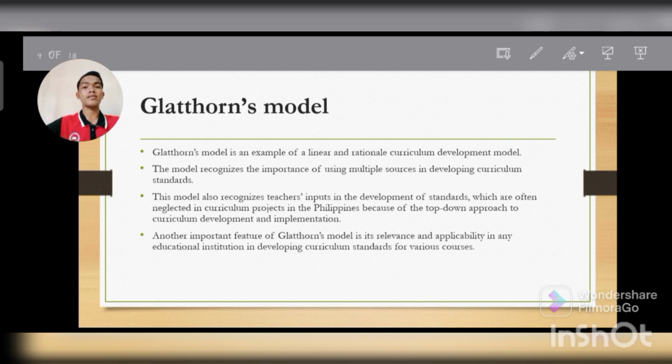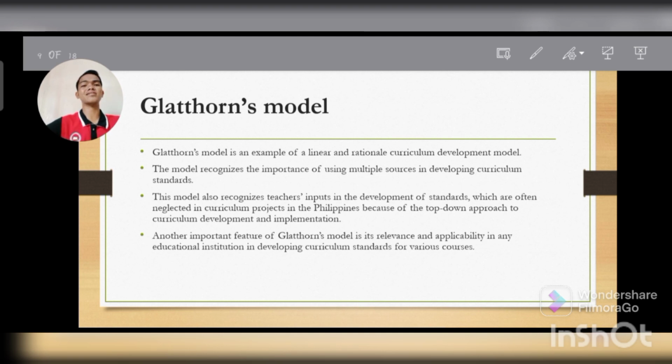So I will share with you the contribution of Glatthorn's model. It also has three phases, and Mr. Carlo Libara discussed the three phases. Now I will give you the contribution of Alan Glatthorn to curriculum. Alan Glatthorn described 7 types of curriculum operating in the school.